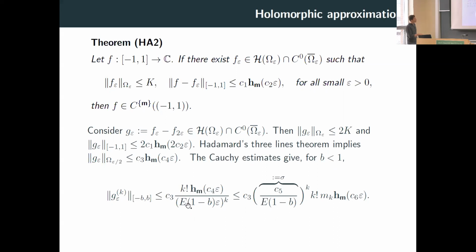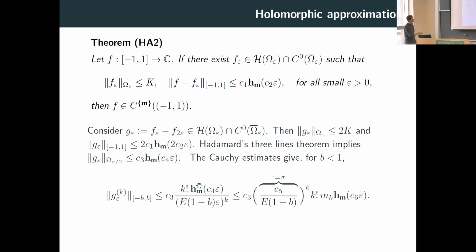So here what you see in the denominator is an absolute constant e times 1 minus b times epsilon. Here I'm using that I can find an absolute constant e such that the disk centered at any point in the interval minus b, b and with radius e times 1 minus b times epsilon still lies inside this ellipse, so that I can use the bounds. Then I have epsilon to the k in the denominator.